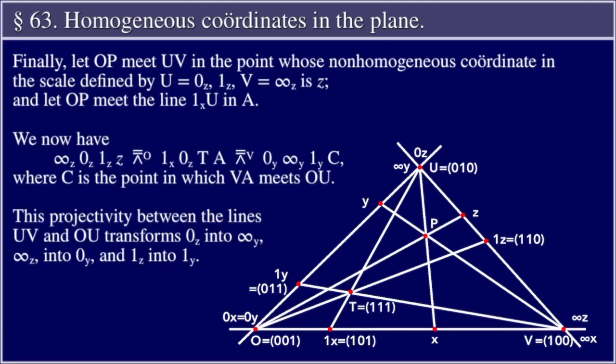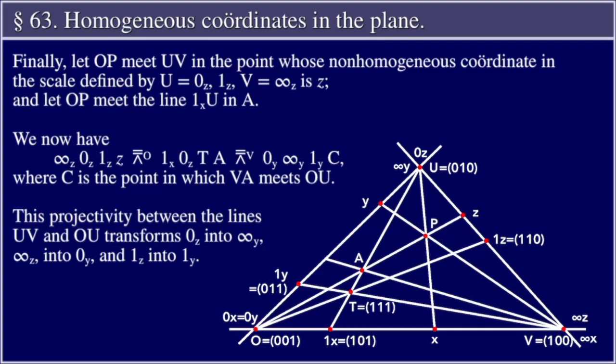Finally, let OP meet OU in the point whose non-homogeneous coordinate in the scale defined by U equal 0_z, 1_z, V equal to infinity_z is z, and let OP meet the line 1_x 1_y in A.